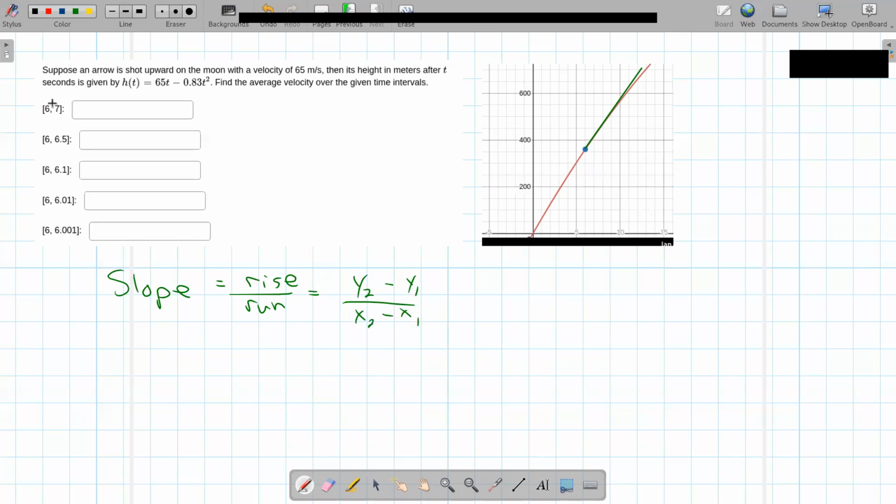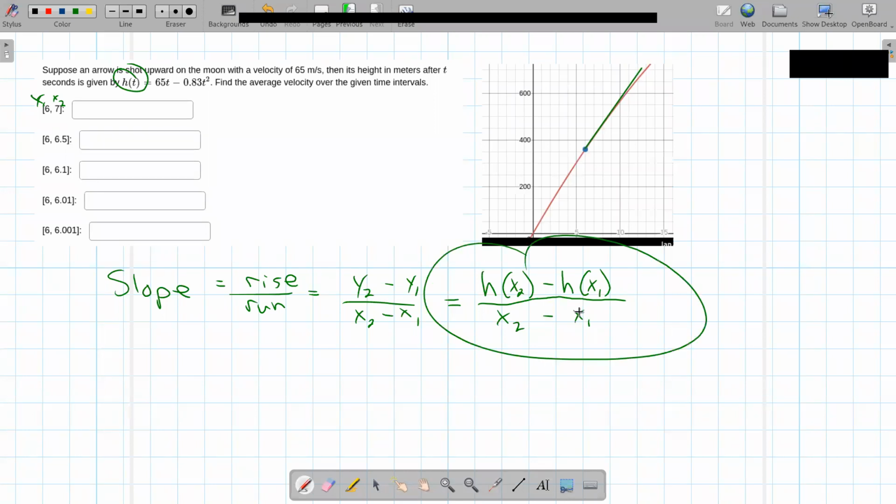Here they're giving me the x1 and the x2, so they're giving me those two numbers. My y is really the h here. So instead of y2, that's really h, plug in x2. And the y1 is really h, plug in x1. And that's what I'm going to use my calculator to do.